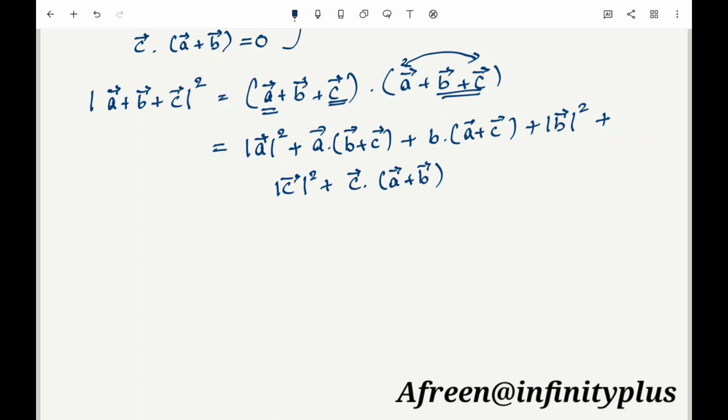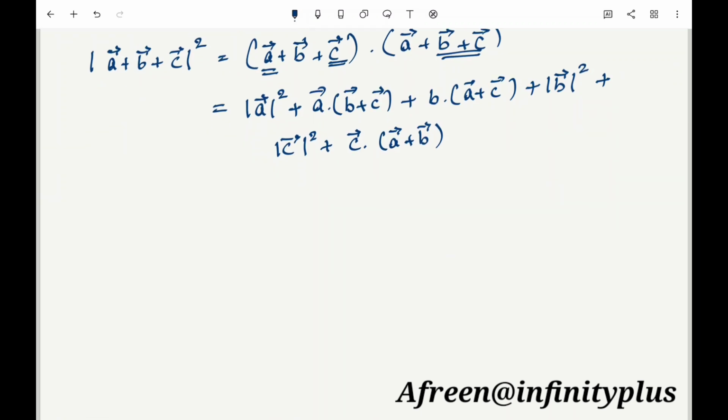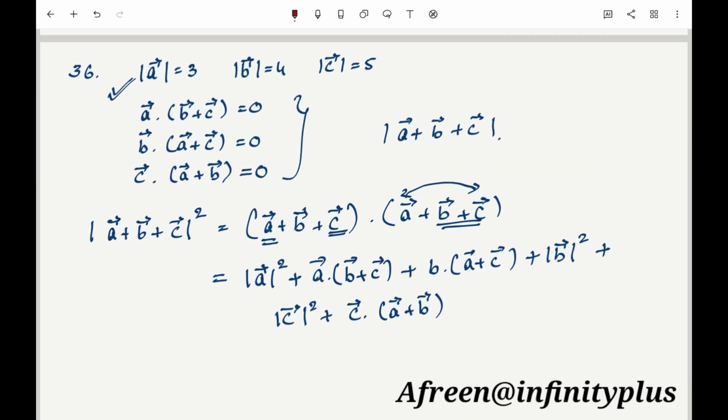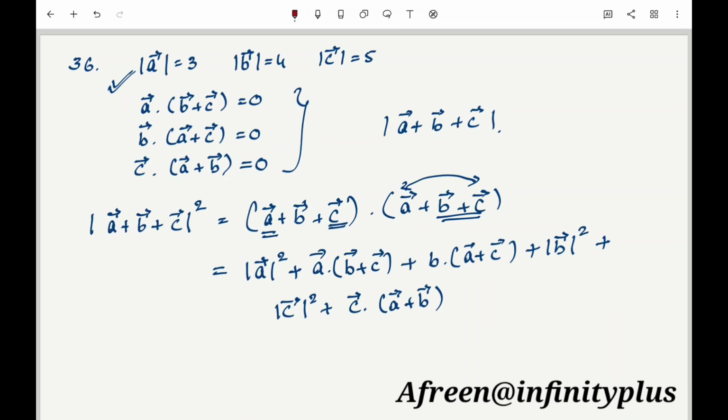So from each term you have to multiply all the terms of the second term. So you have got this as the result. You can observe that from the condition which they have given here, a dot b plus c is equal to 0 and b dot a plus c is also equal to 0 and c dot a plus b is also equal to 0.